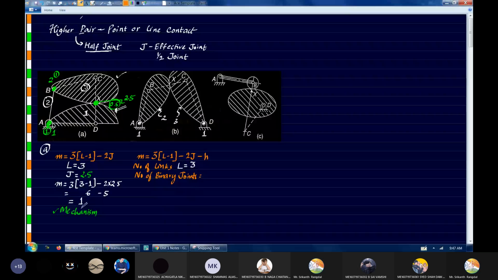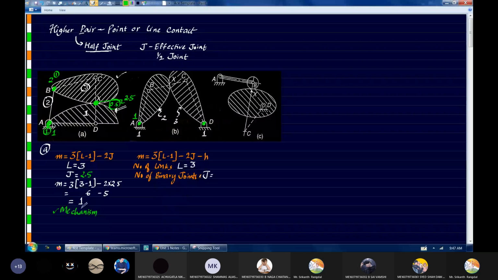So binary joints means we just have to count the revolute joints. So this here is a revolute joint where link number 1 and 2 are joined, and this has to be counted as one joint.